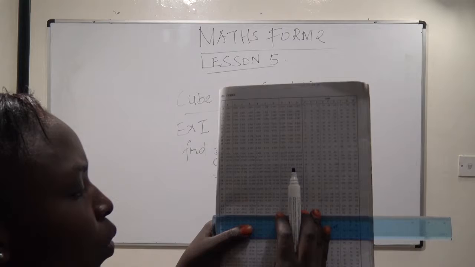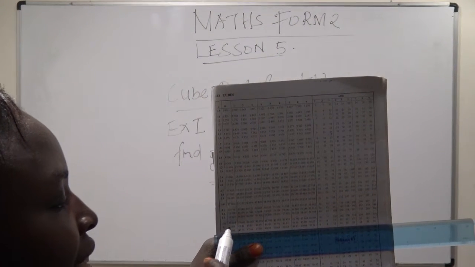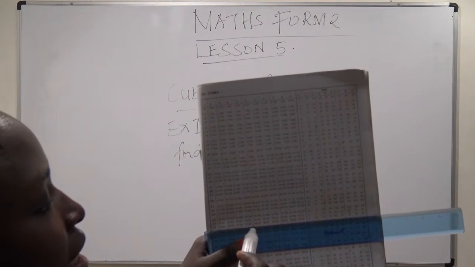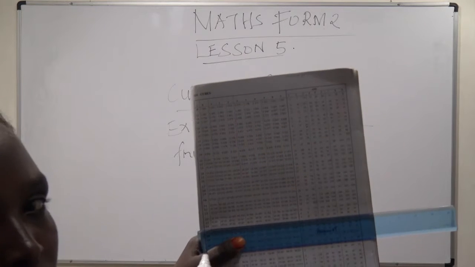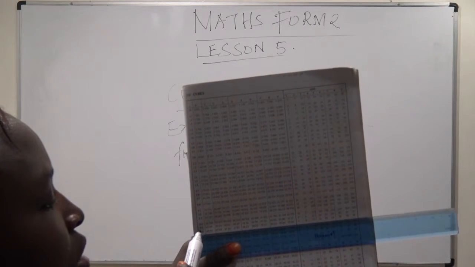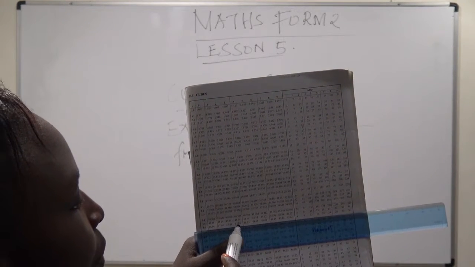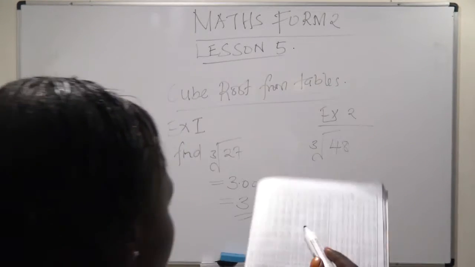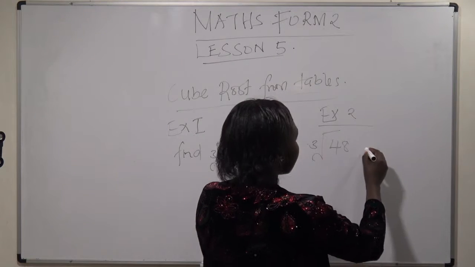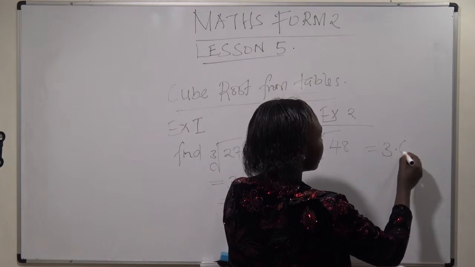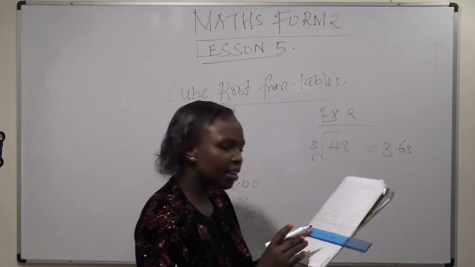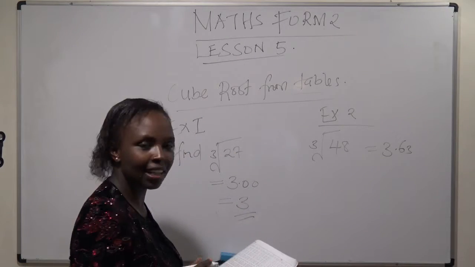And now, where is that number running to? That number is running where 3.6 and 3 correspond. So I have to write that down: 3.63. So I first write 3.63. And then you also find that that number is not exactly 48.